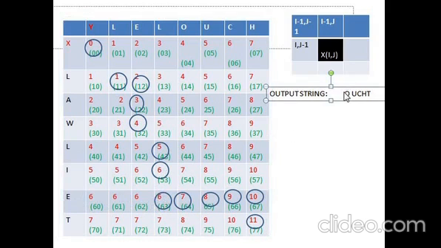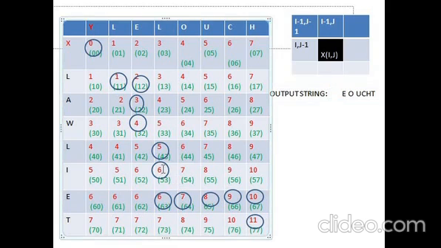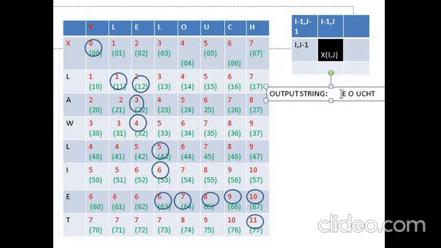So we print E here, and then we move to this position. Since L and I are not the same, we check if 5 is greater than 6. No. So we move to the top after printing I.